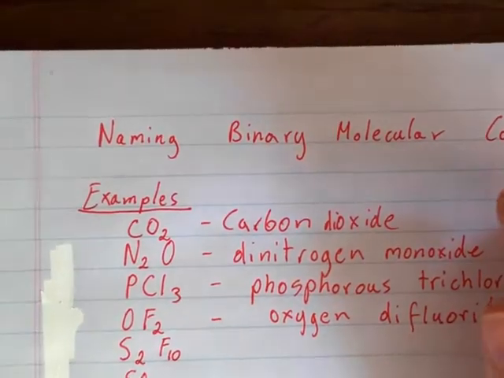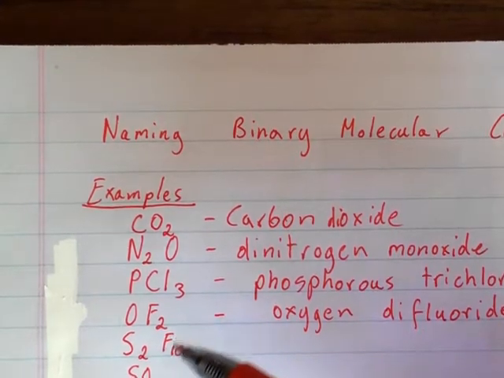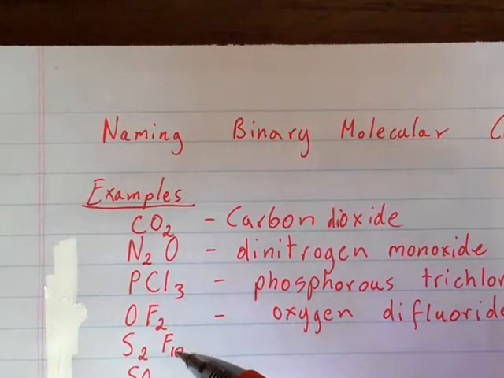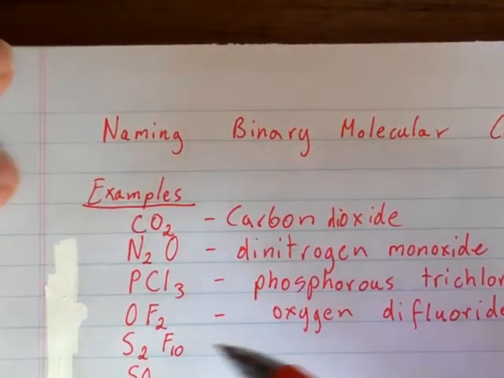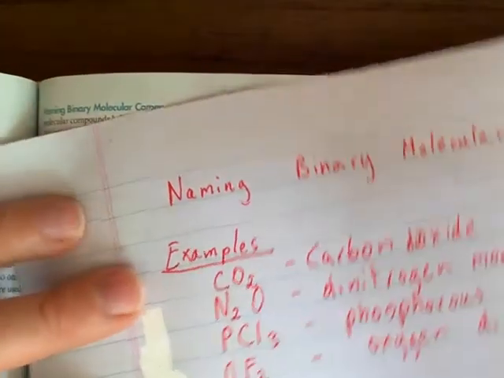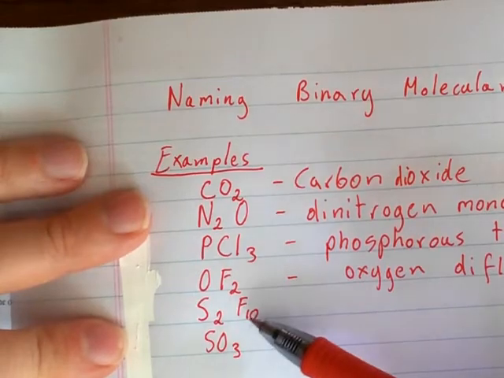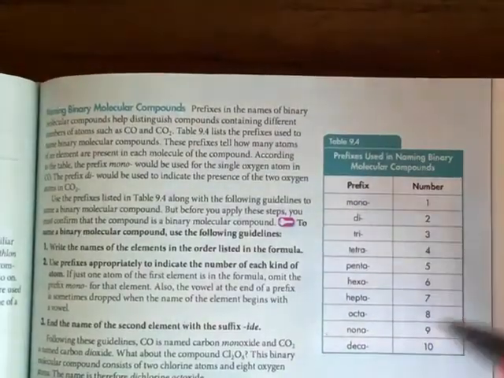Okay, let's look at the next one. We got S and F. S stands for sulfur, F stands for fluorine. Fluorine's gonna become fluoride. But let's look up the prefix. How many sulfurs we got? 2. So the prefix for 2 is di. And then how many fluorides we have? We have 10. So 10 is deca.